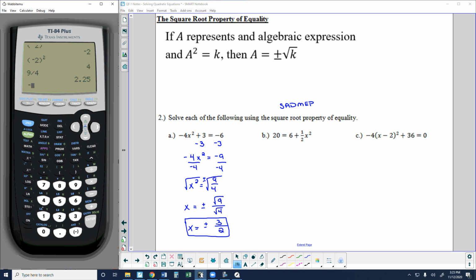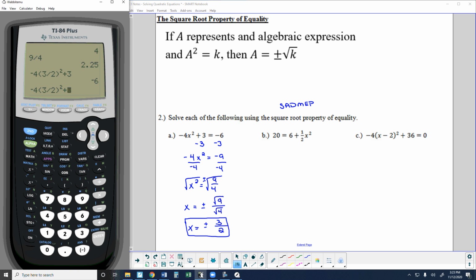I can check that in the calculator by taking negative 4 times, let's say, 3 halves, square it, and add 3, and that answer is negative 6. I could do the same thing inserting a negative 3 halves, and that answer would also be negative 6.